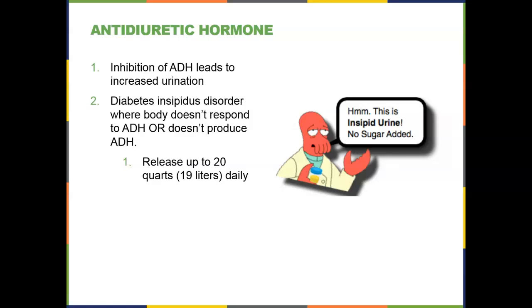And so if we have 5 to 6 liters of blood and we're getting rid of 20 liters of fluid, that means we have more fluid being released than we have in our body. That can keep us moving. So people have to drink a lot more fluids as well when they have this disorder.